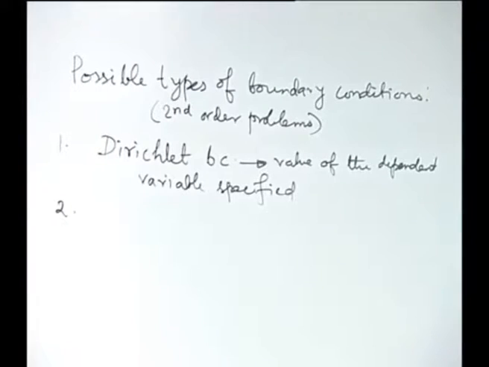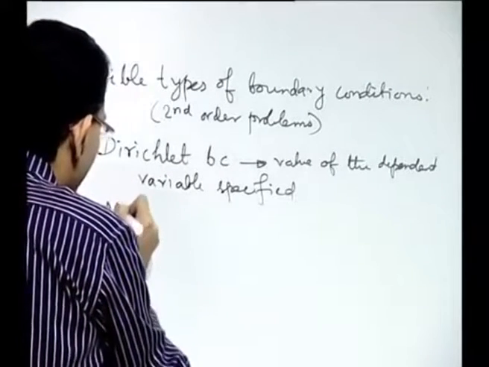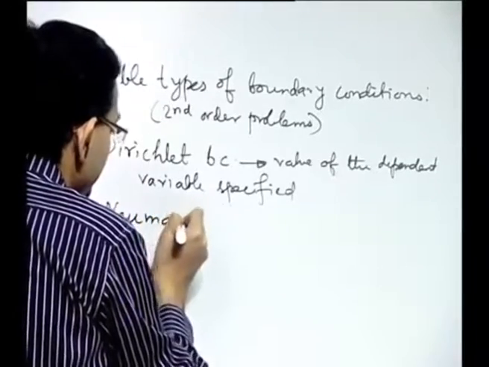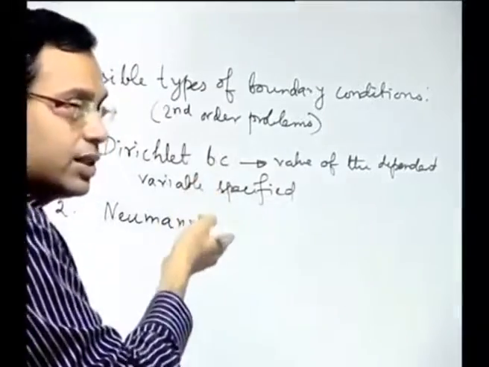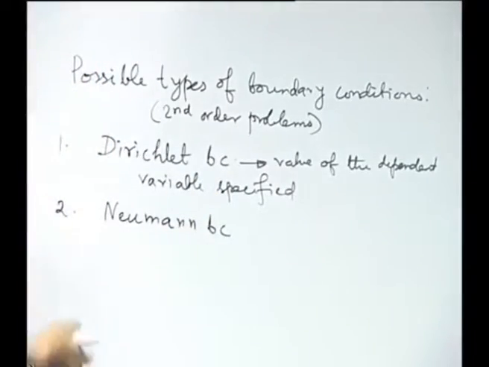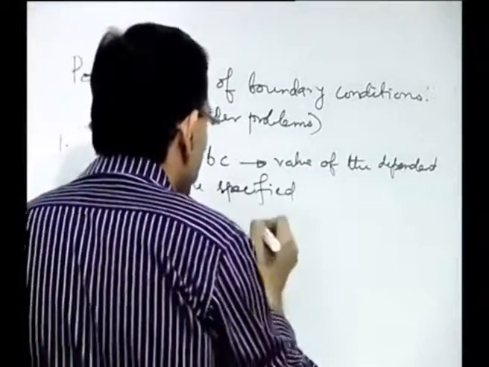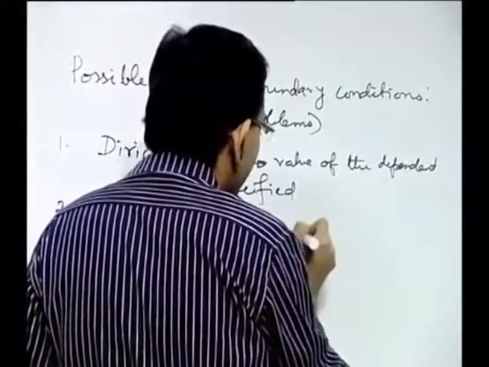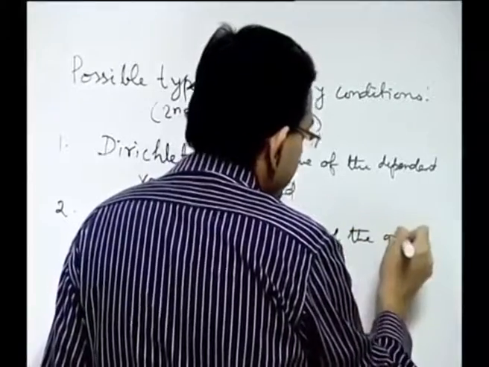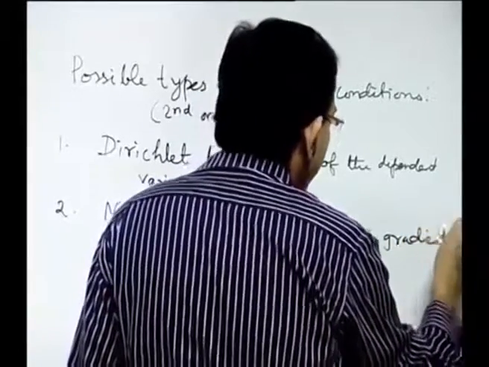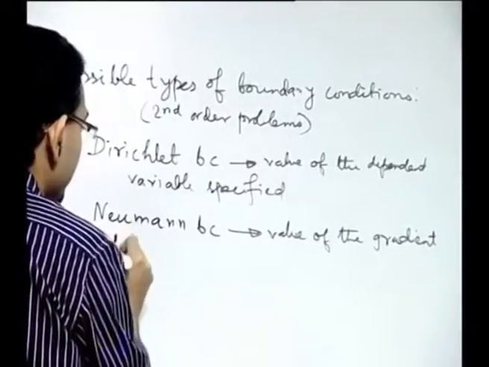Then the natural boundary condition is termed the Neumann boundary condition. Of course, these names honor the mathematicians who contributed a lot towards understanding these concepts. Neumann boundary condition means the gradient of the dependent variable is specified.